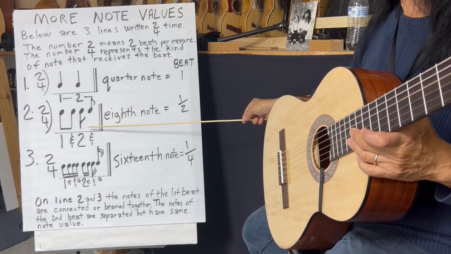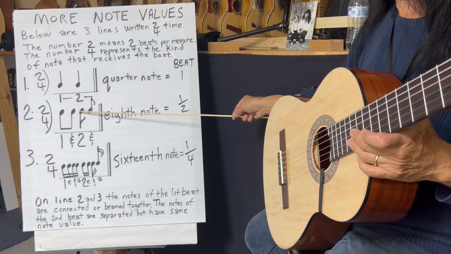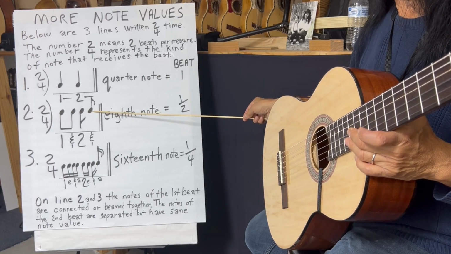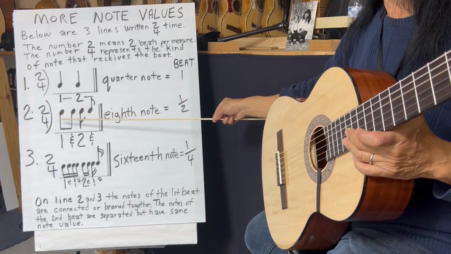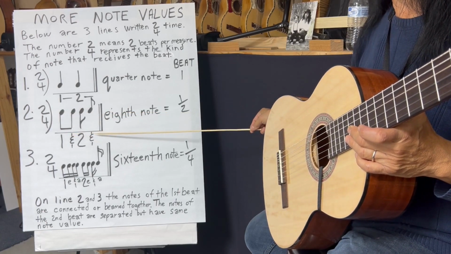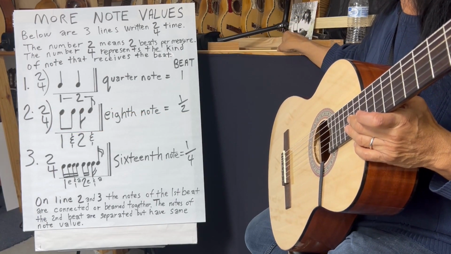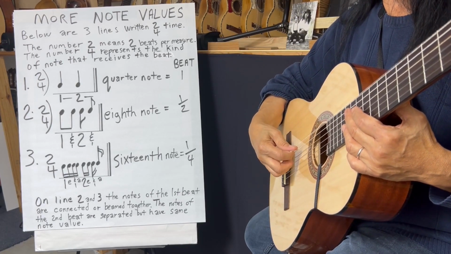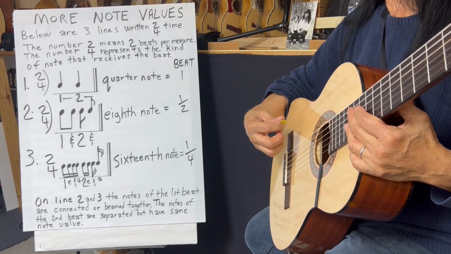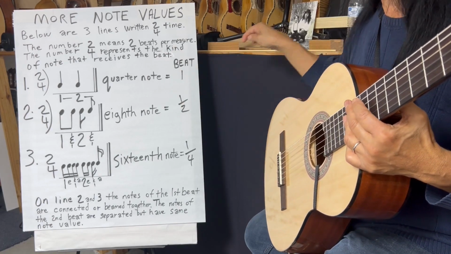It's out of convenience. But these 2 notes are played exactly like these 2 notes. There's no difference. It's 1 and 2 and. It's just the way people write it.